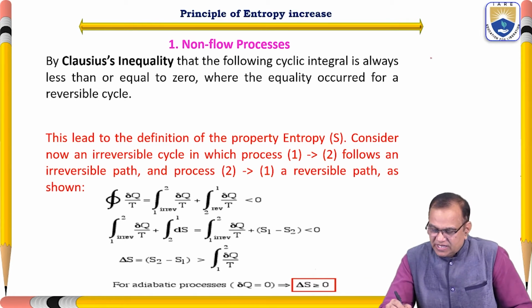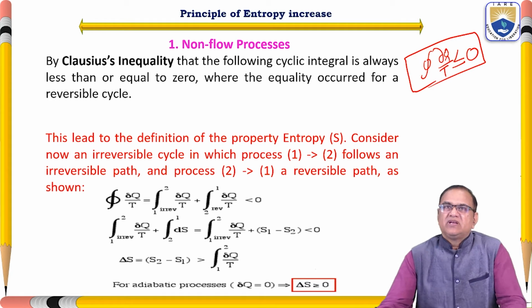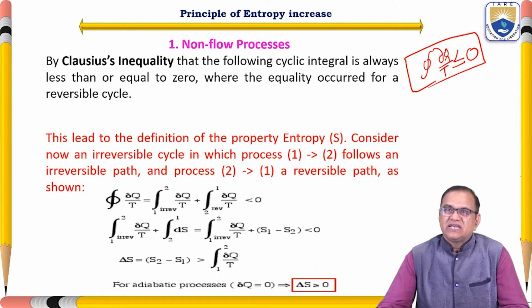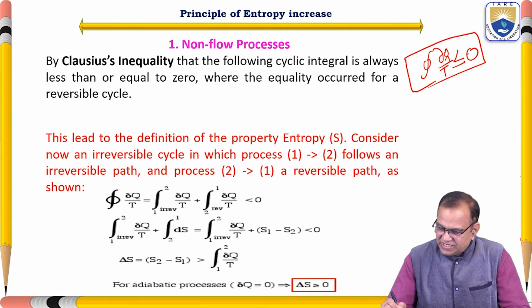I think you remember that the cyclic integral of del Q by T is always less than or equal to 0. This is the Clausius inequality statement. So it is less than or equal to 0, either minus or 0.